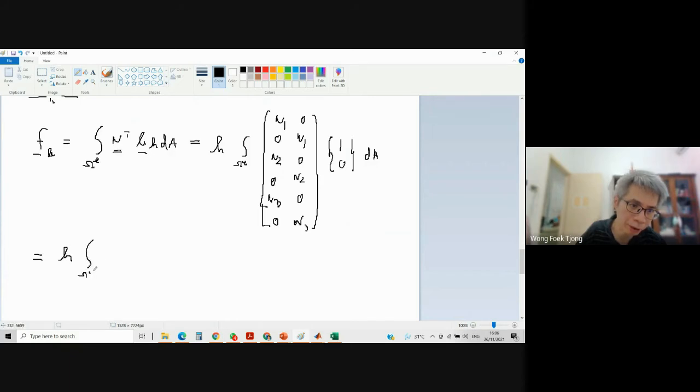Thickness, integral over the element, and then this is 6 by 2 matrix. This is 2 by 1. So the result will be 6 by 1, okay? So this is N1, 0, just N1.